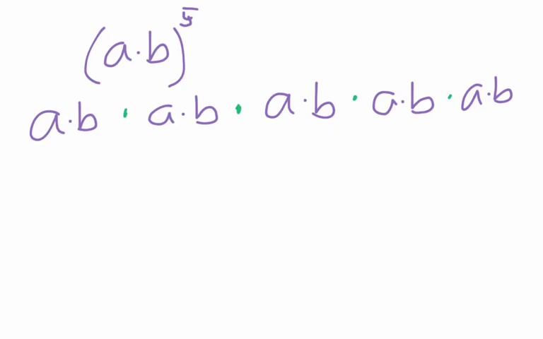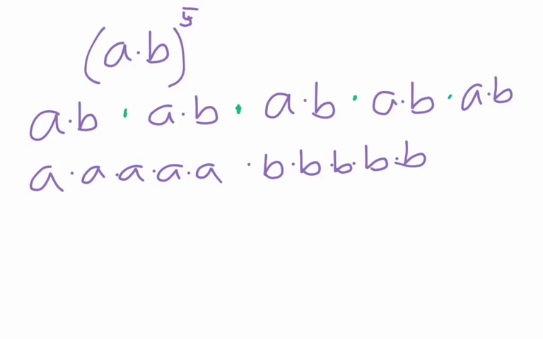If it's not all multiplication all the way across, you cannot apply that commutative property to do the rearranging. So that rearrangement is going to group all of the a's together and all of the b's together, giving us a to the fifth, b to the fifth.